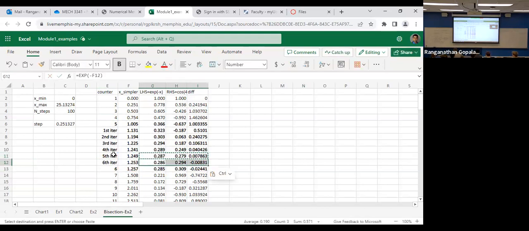You will never get it to flip to exactly 0. You will not get exactly 0. So right here, between 1.249 and 1.253, you are having it flip from 0.007 to 0.008 with a negative sign. So now is where precision comes in.